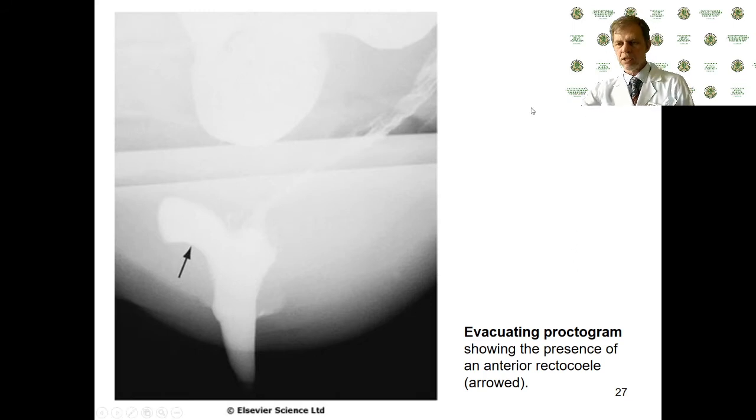So again, this is a picture of rectocele. You see, this is the rectum, this is the vagina, this is the rectovaginal septum, and what happened? We have trapping of feces in the so-called rectocele. This is one of the possible causes for obstructive constipation.